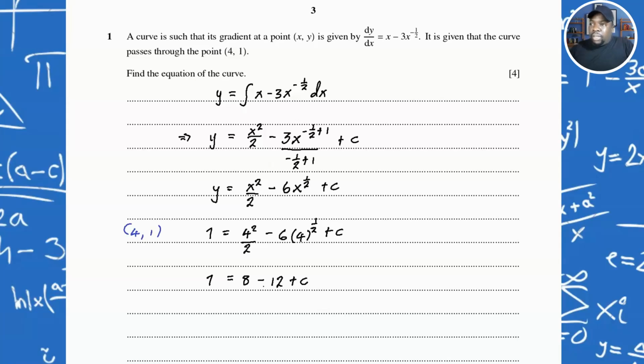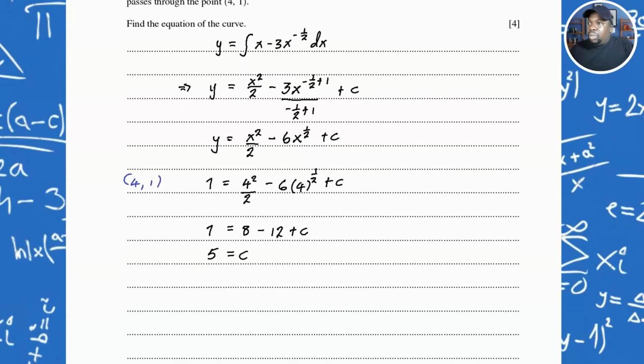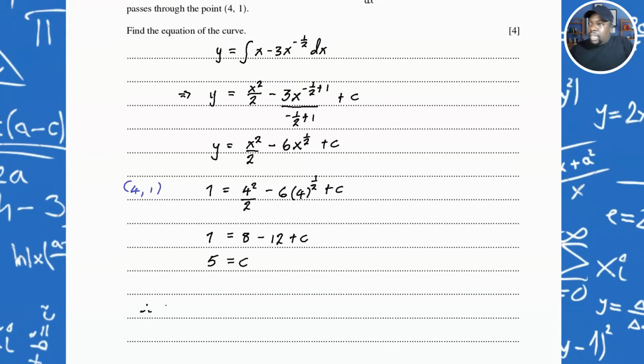So we have 8 minus 12 here, which is minus 4, and if we take the minus 4 to the left side, it adds to 1, and that becomes 5. So we can see here that c is 5. So therefore, the equation of the curve should now come out as y is equal to x squared over 2 minus 6x to the half, and it's plus c.